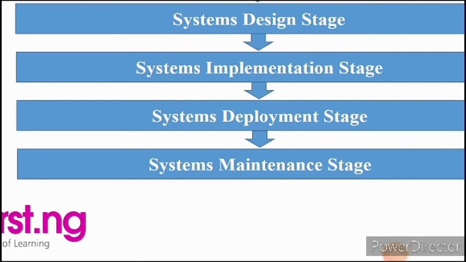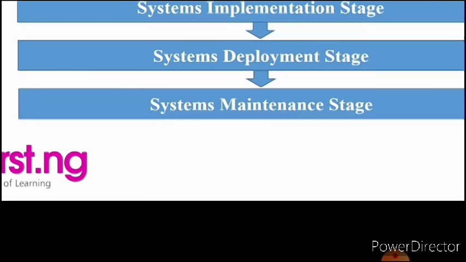System deployment stage. This stage is where the new system is put into use. Various parts are brought together and tested for errors, bugs, and how they operate. This is the stage where the system is installed and put into use to run the actual business.